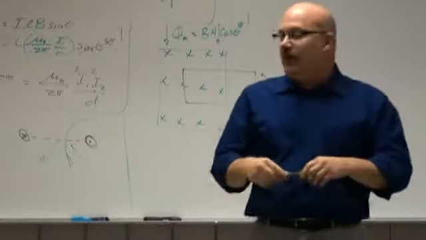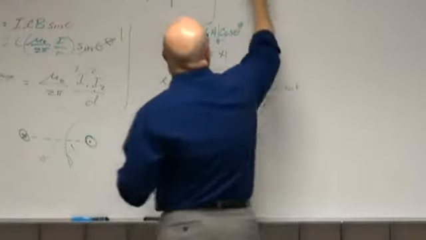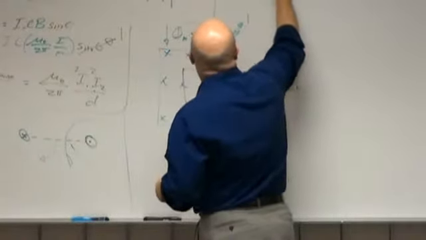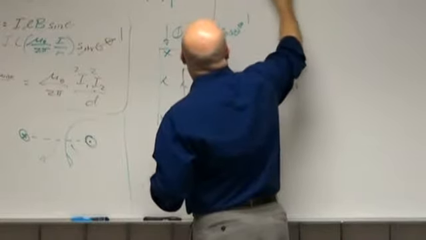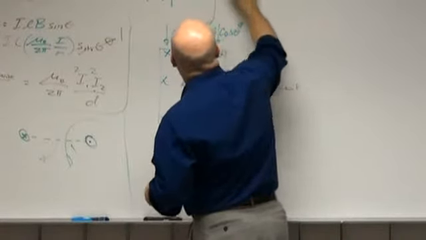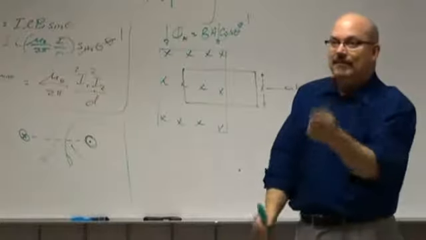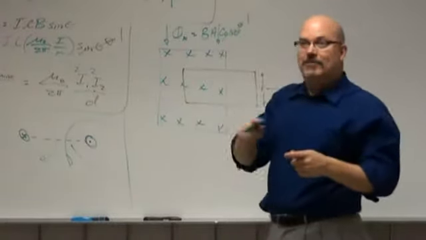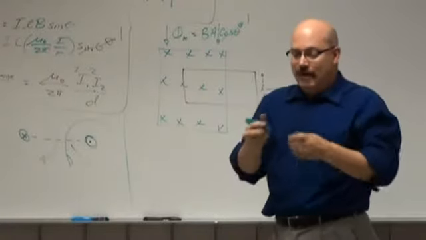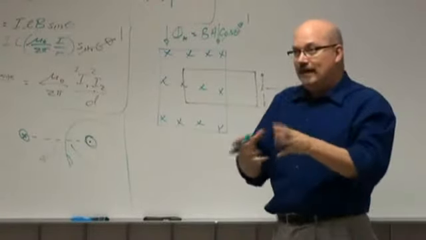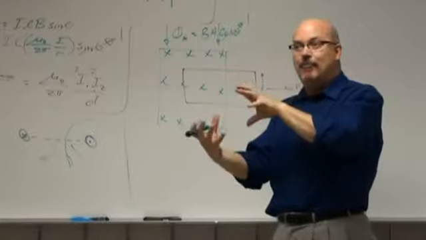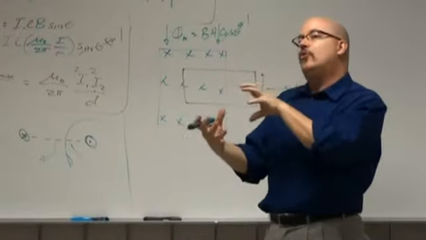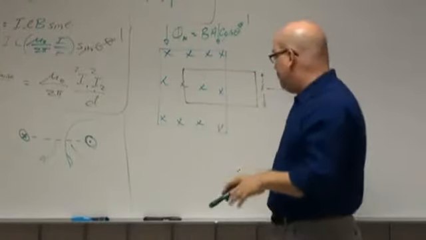Now remember, Faraday's law said if you have a change in flux with time, you would create an EMF. And Lenz's law says that this EMF is going to be such that it makes a current that will produce its own magnetic field that tries to stop or hinder or oppose the change in flux.